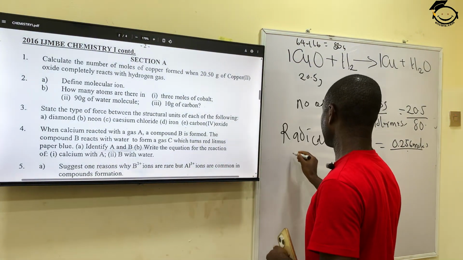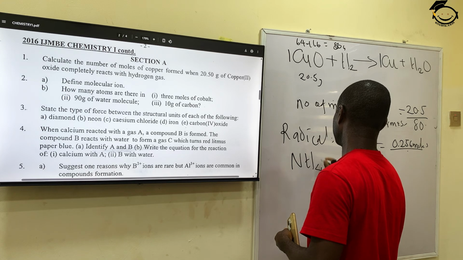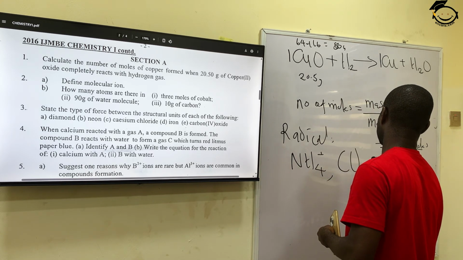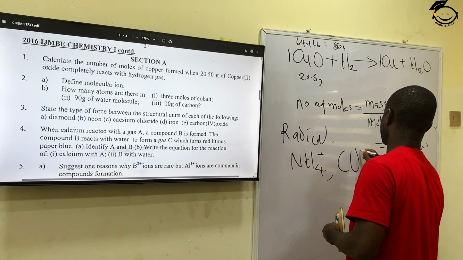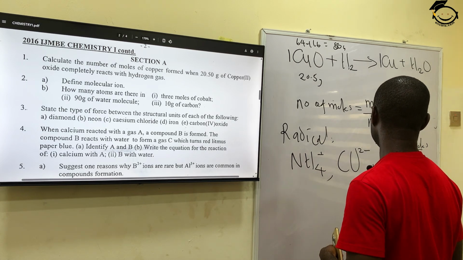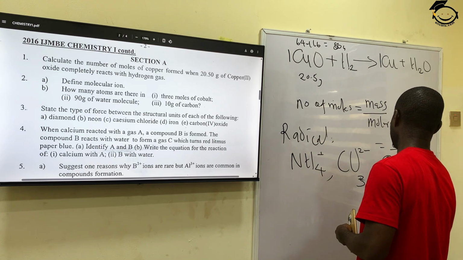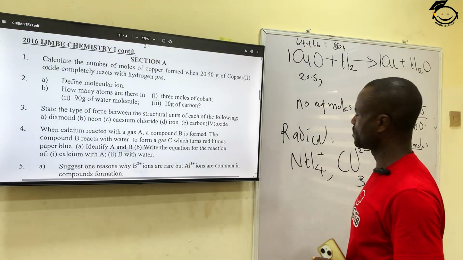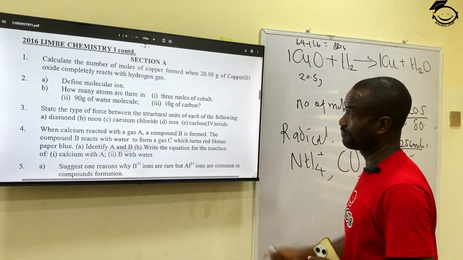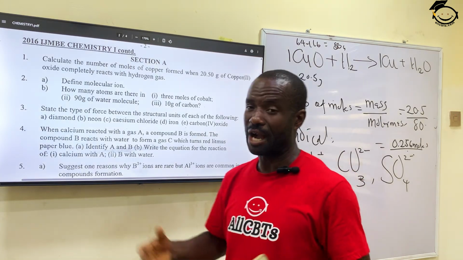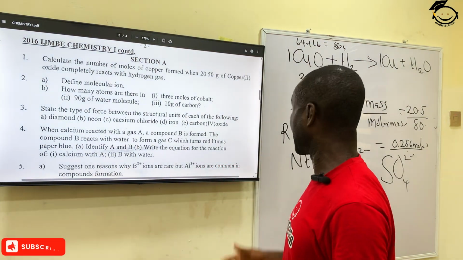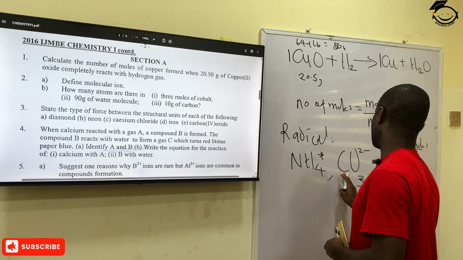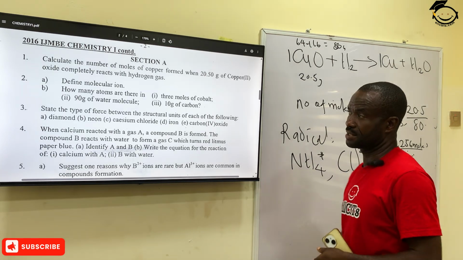For instance, we have the ammonium ion, CO3 2-, that's carbonate, and SO4 2-, sulfate. So these are examples of molecular ions. They are a group of atoms called polyatomic carrying a charge. This is a positive charge. So these are ammonium ion, carbonate, sulfate.